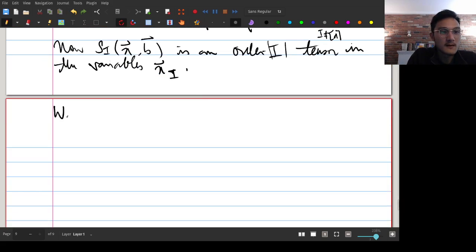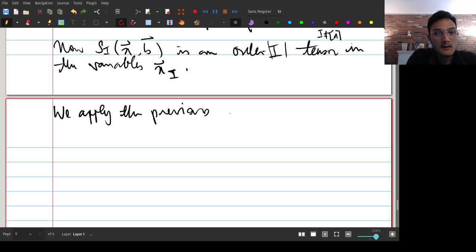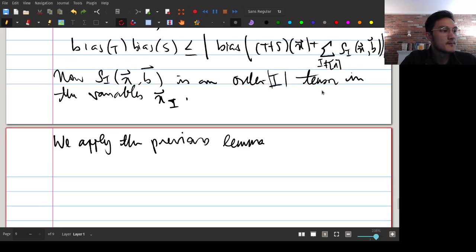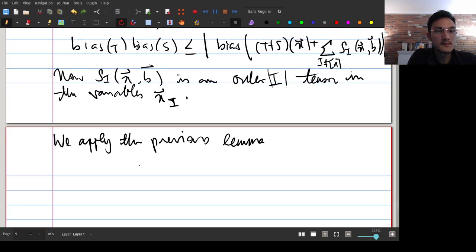So we apply the previous lemma, because this is a sum. This is kind of like R of x in the previous lemma. So we apply the previous lemma with R_D being the one that uses up all the variables.